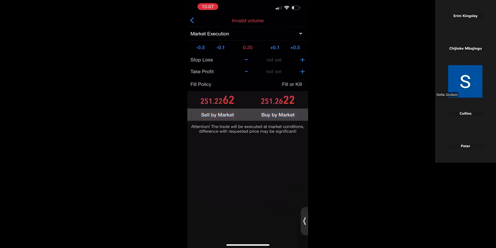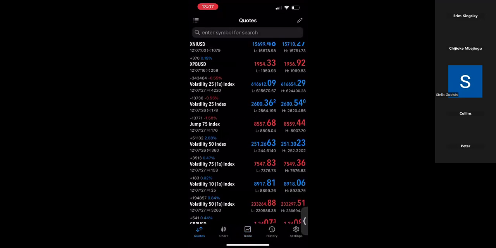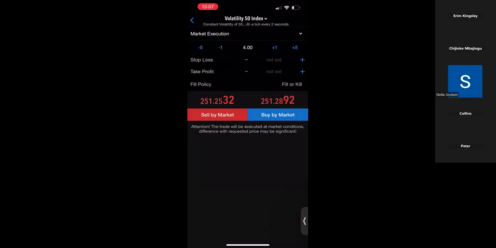It will show you invalid volume. It means that this is not the right lot size. So you go back again. Click trade. Now, if this one is giving you 4.00, it means that for this Deriv Volatility 50 Index, 4.0 standard lot is the lowest lot size. So this is what you are going to use.